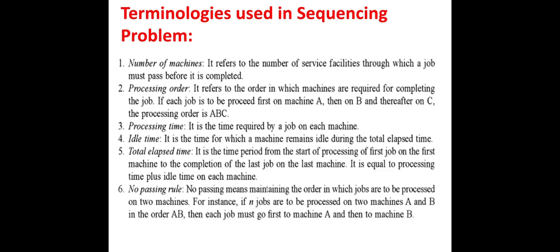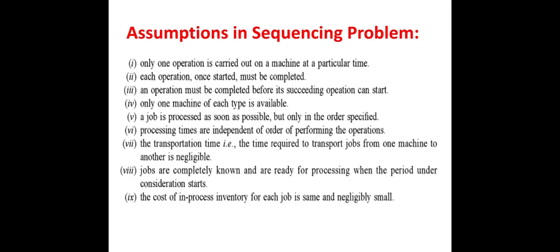There are some assumptions which are considered in sequencing problems. That is, only one operation is carried out on a machine at a particular time. That is, if there are 5 machines, when first machine is working, other machines will be idle.